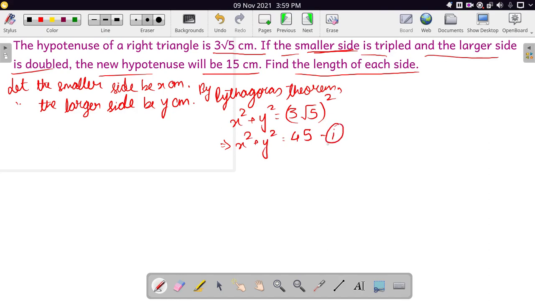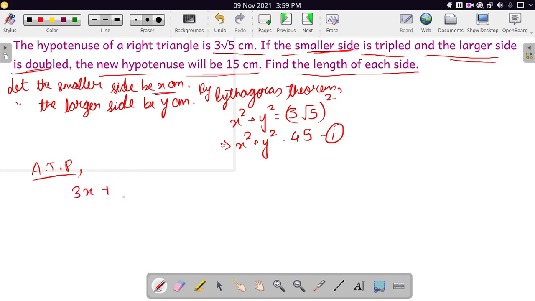Now it says that if the smaller side is tripled and the larger side is doubled, the new hypotenuse is this. So it's very easy. So what we will do, we will write smaller side is tripled. So now our next equation will be, we can write ATP. Smaller side is tripled, 3x.